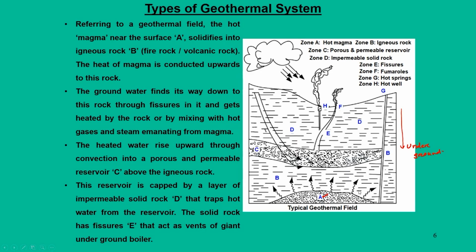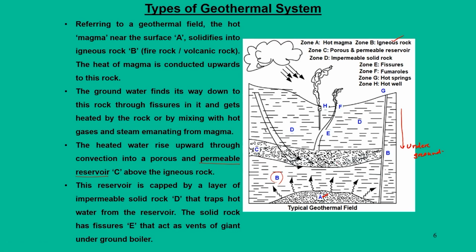Basically, we have one region called magma, and the second region is igneous rock, because these are volumes of crust that are available. We call this igneous rock, which is nothing but your hot rock. Then the third category is region C, which is a permeable reservoir, basically a permeable water reservoir.